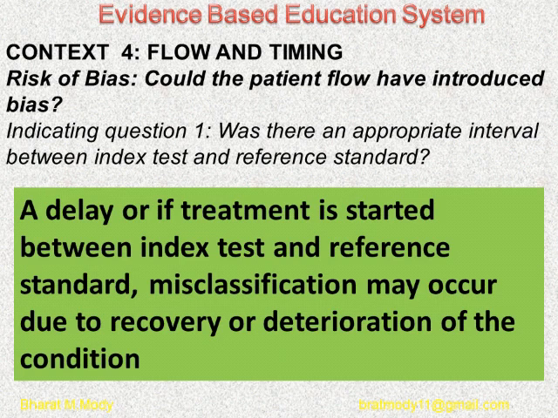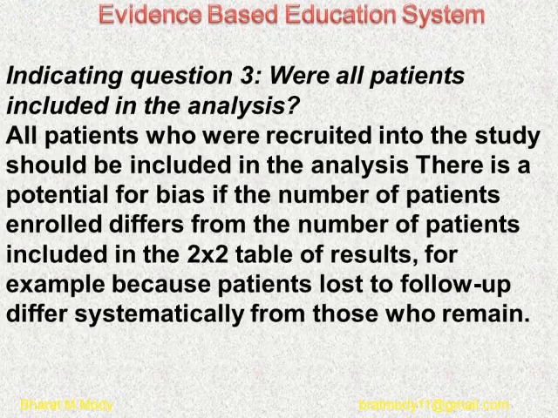A delay is required, but the delay also should not be so much that patients start recovering in the intermediate time, or probably deteriorate also. So in that case, the second test will have different results. So when you want a comparison, both the conditions should be the same. So timing should be proper.